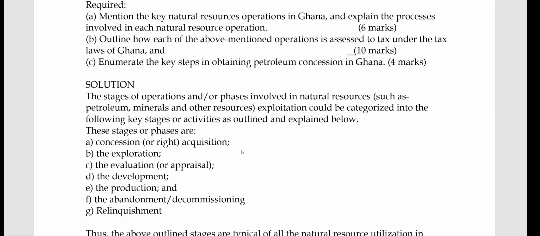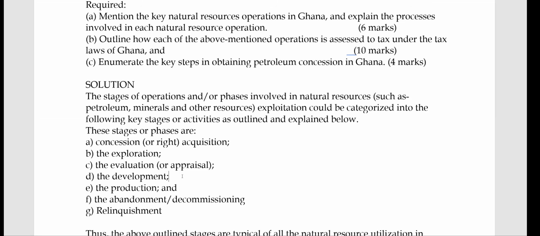Even from mining and petroleum, all costs incurred before production commences are put into a pool until production commences, then we grant capital allowance. So for each of them, you just say put it into a pool until production commences.